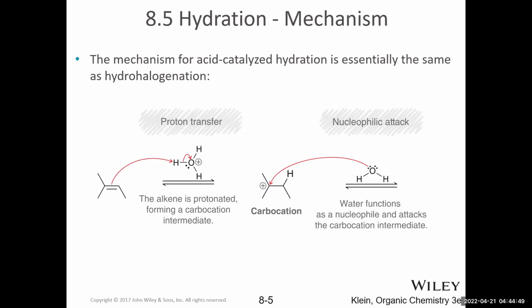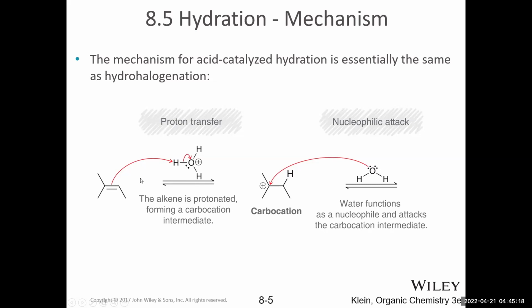The mechanism starts off very similarly to hydrohalogenation, which we covered in the last class. The first step is proton transfer, where the acid is donating a proton to the alkene substrate. So in this case, the pi bond is acting as a base and doing a proton transfer, picking up an acid, in this case from hydronium ion.